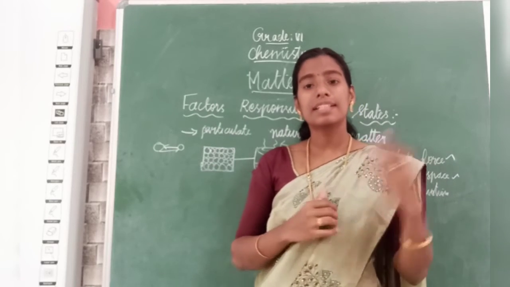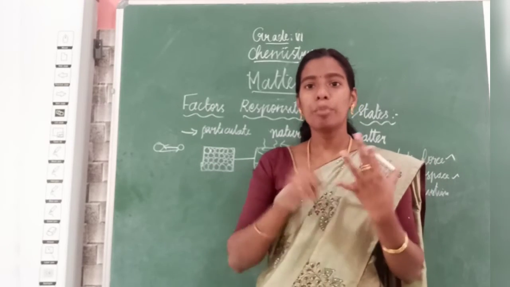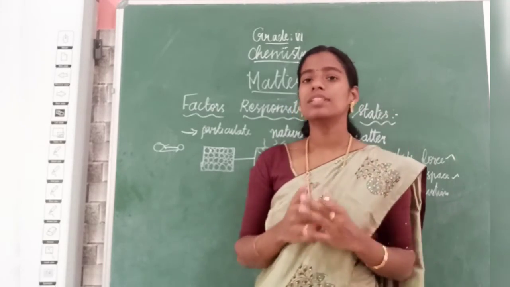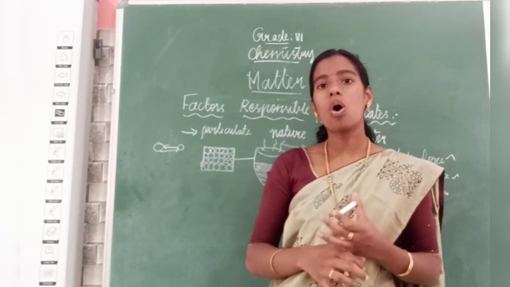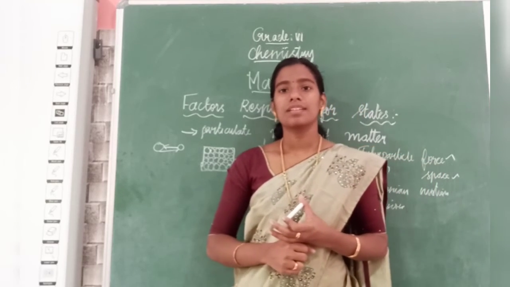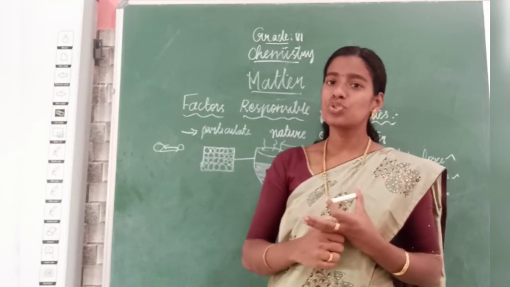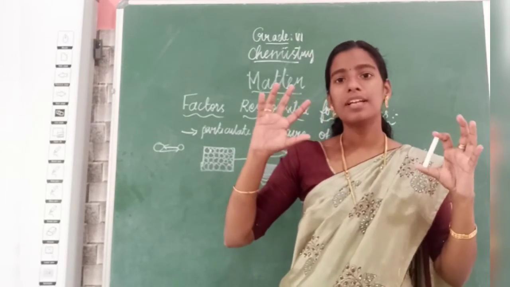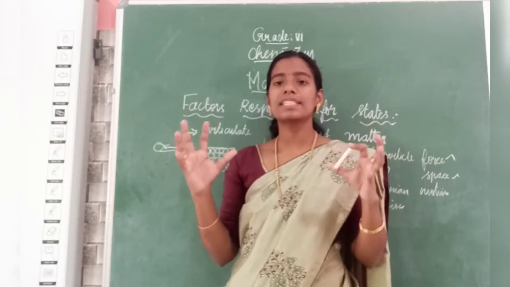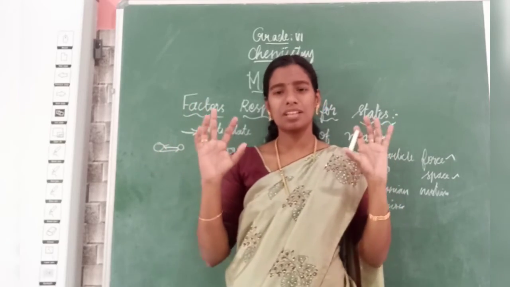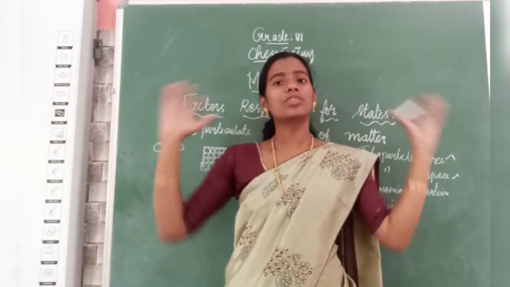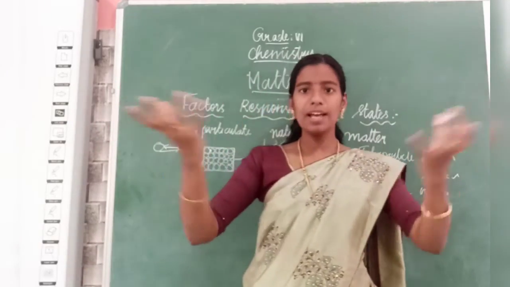Examples for solid: book, chalk piece, chair, stone. Examples for liquid: oil, water, juices, etc. Then gases have definite volume, but they spread equally to all places.